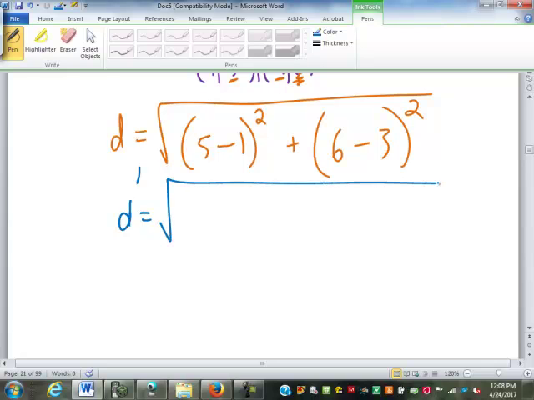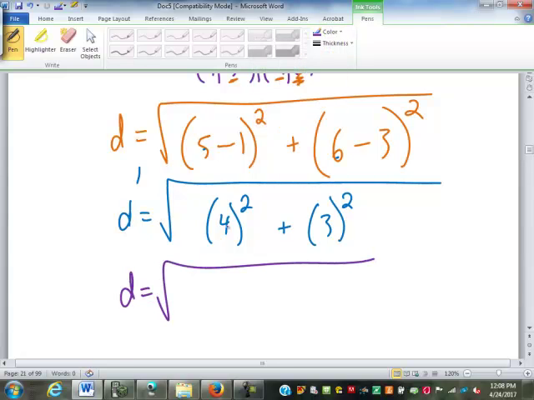So this distance is going to be the square root of 5 minus 1 is 4, 6 minus 3 is 3. My next step is going to be to square each of those. 4 squared is 16. 3 squared is 9.